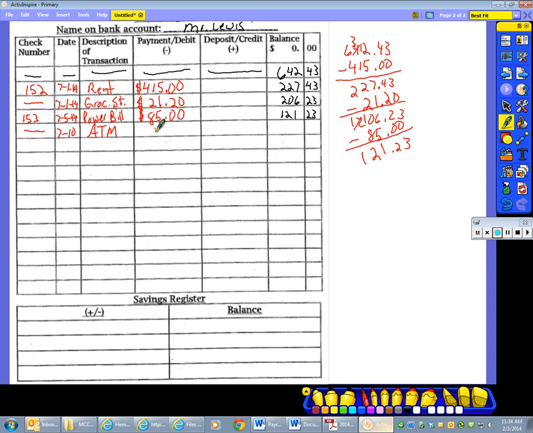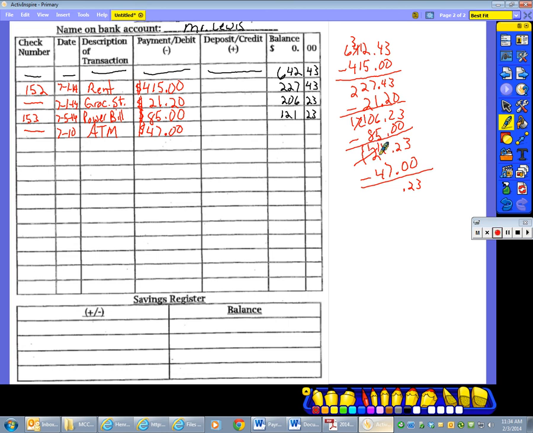But don't forget, it's also going to cost you $2 to withdraw the money. So that's going to be $47 removed from my checking account. So I need to subtract $47. Don't forget, line up your decimals so this doesn't change. I need to borrow from this 12, makes that an 11.